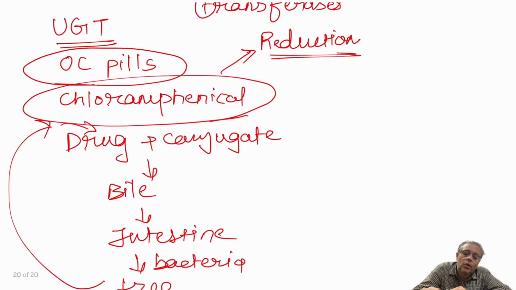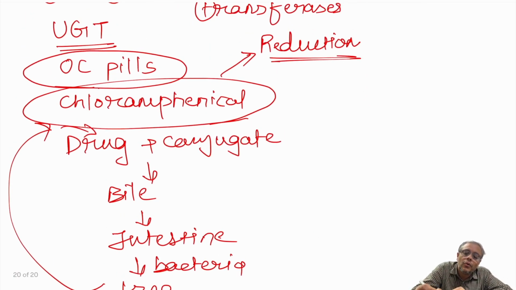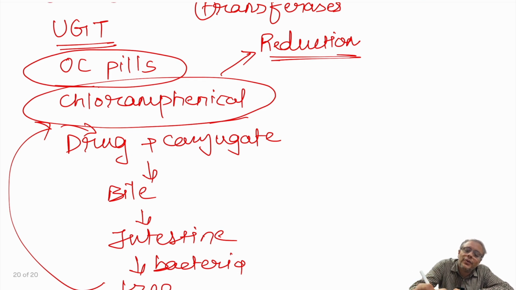The second thing is that you should have a broader perspective, a broader vision and a holistic view. So here I want to add one more point in addition to enterohepatic circulation: I have told you that at the end of phase 2 biotransformation reaction, the majority of drugs become inactive.